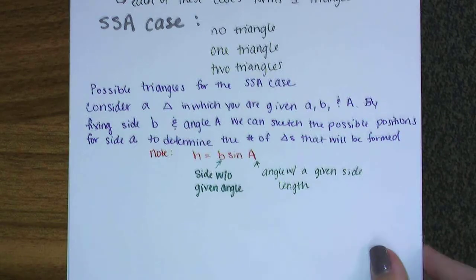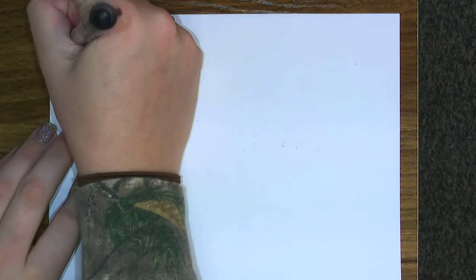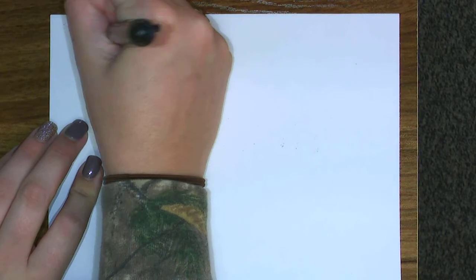So, in your table, okay, on one side we have the case where A is obtuse. Okay, so angle A, still using the same one from before, is obtuse.